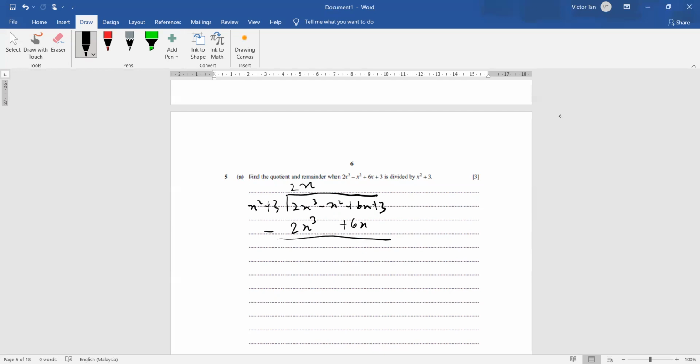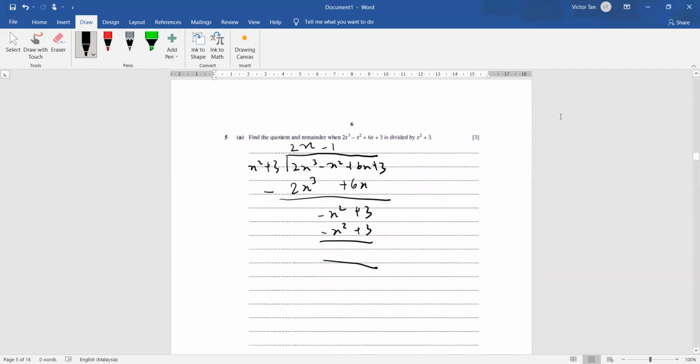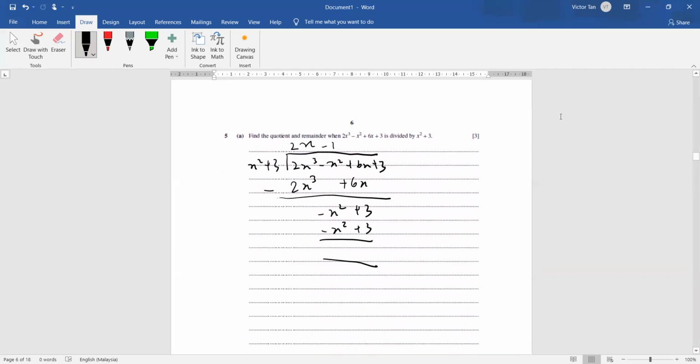When you subtract, you get minus x squared plus 3. So this is minus 1 times x squared plus 3. So there's no remainder, and the quotient is 2x minus 1, remainder 0.